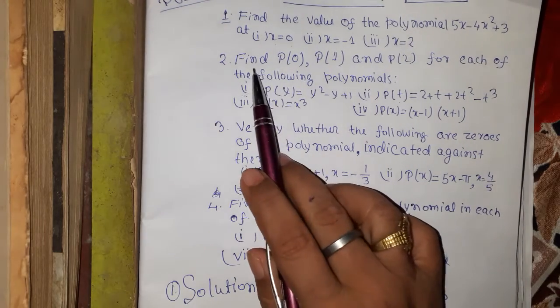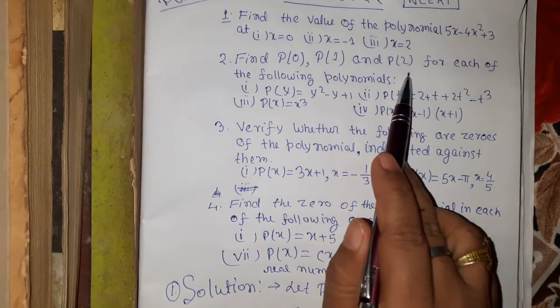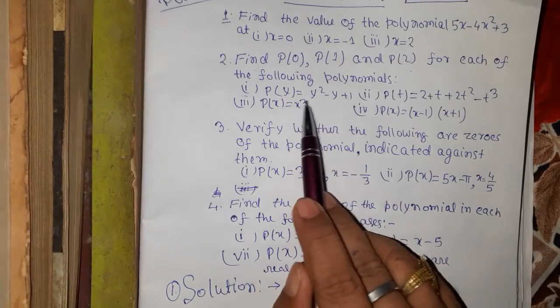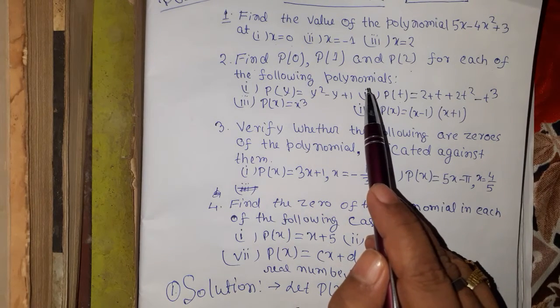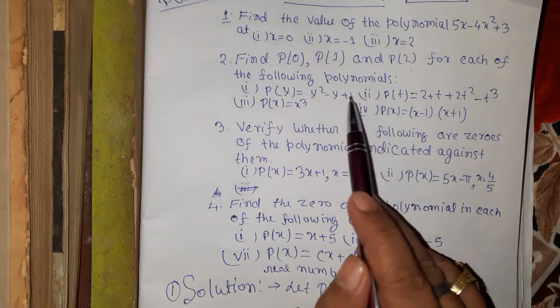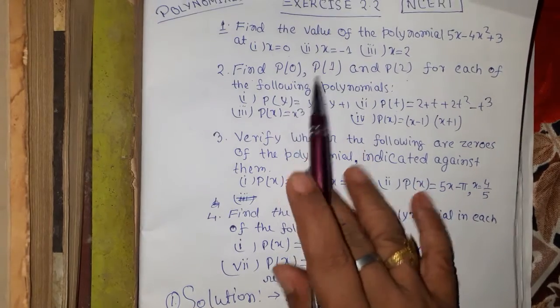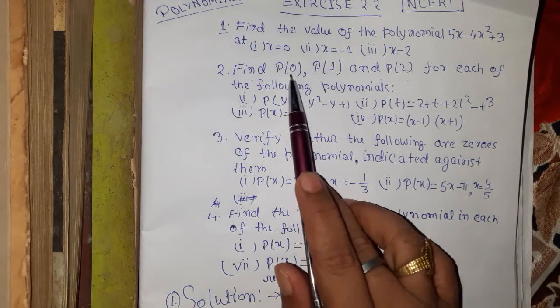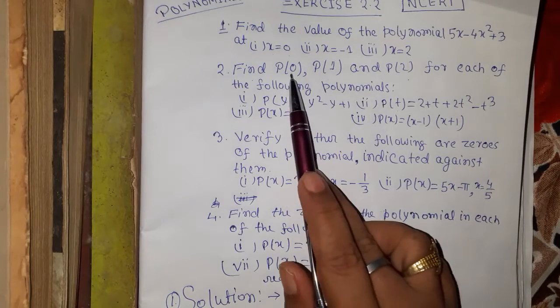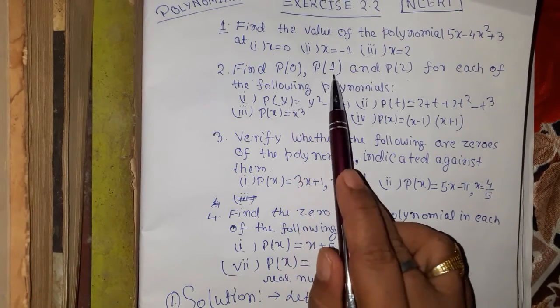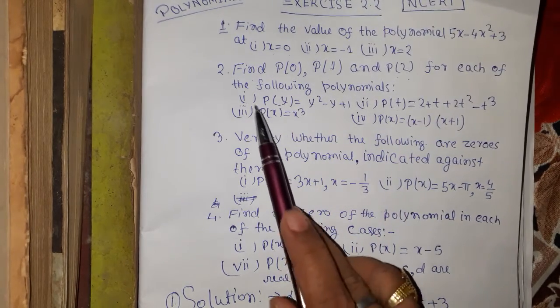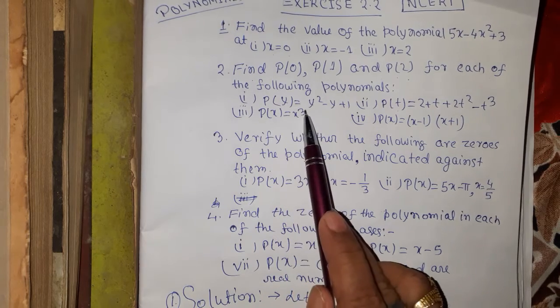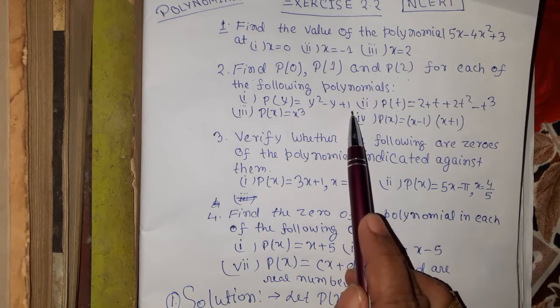Simple. Find P0, P1 and P2. Means we have to find the value at 0, 1 and 2. Here we see Py is equal to y square minus y plus 1.